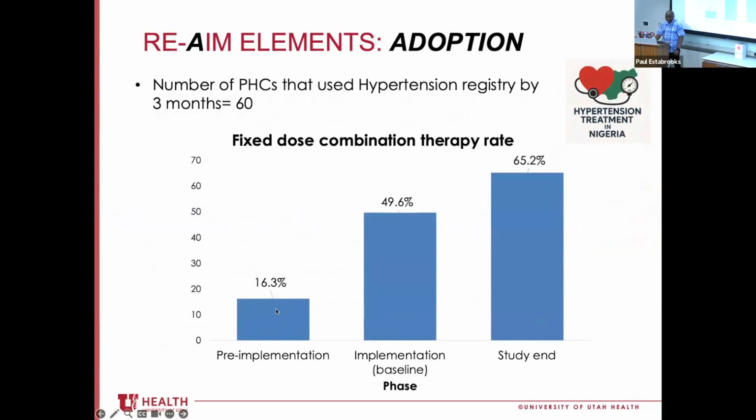Before implementation, 16.3% of the 60 PHCs were prescribing or stocking fixed dose combination. After the implementation, it moved to 49.6%. And at the end of the study period, over 60%, like 65.2%, had fixed dose combination therapy and were prescribing that to patients, which was good as well.